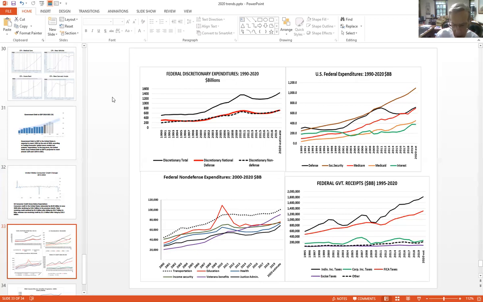And part of this reflects what takes place politically. But the red line is particularly important.